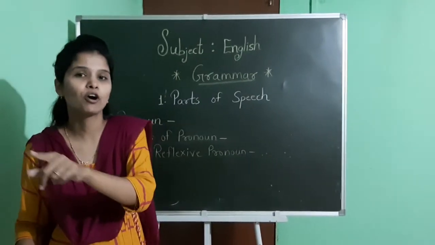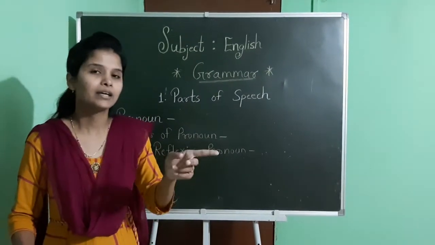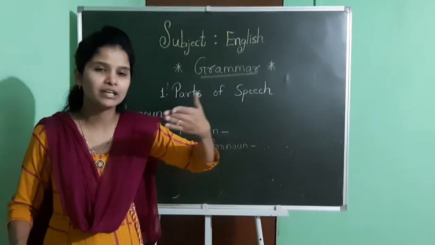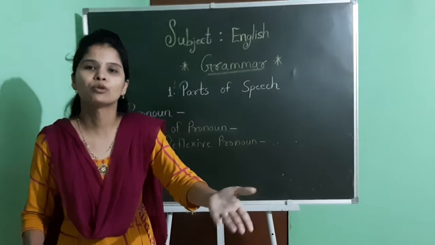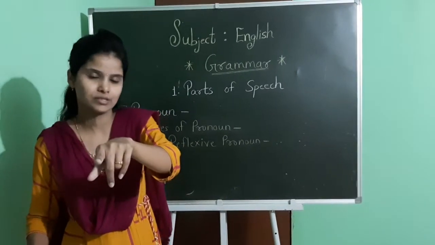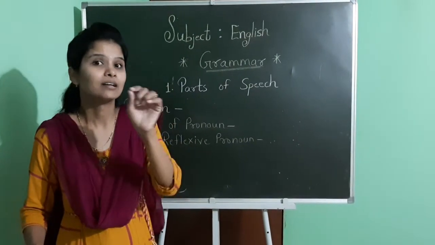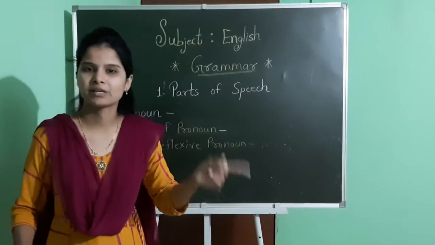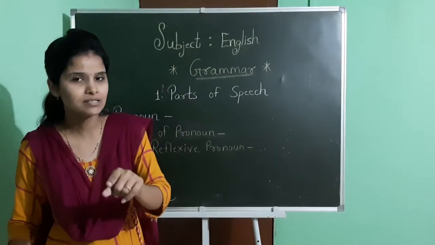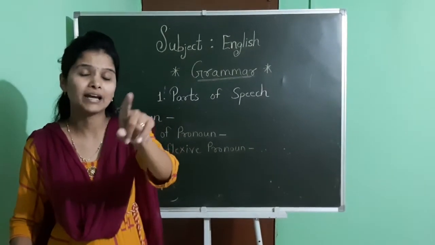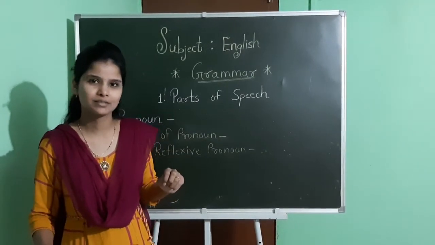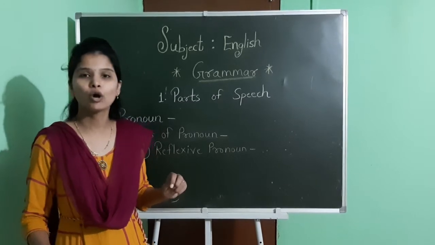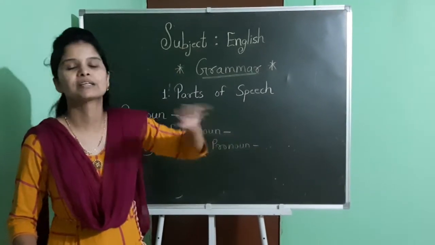These and those are used for plural things. For distance, if anything is near to you, you use this and these. Far away from you, that and those. And the last one is time. For the present situation, this and these. For the past, those and that. We had also seen some examples. I think you understood all the differences.